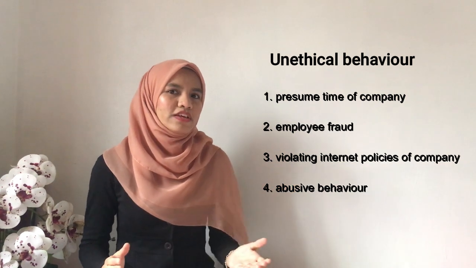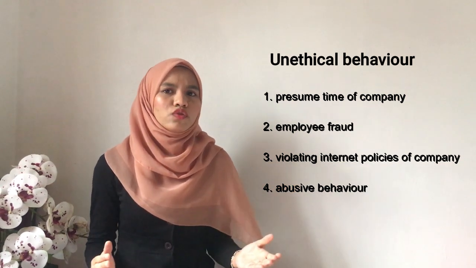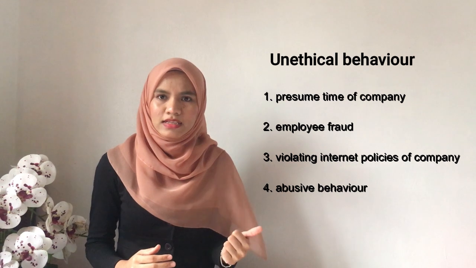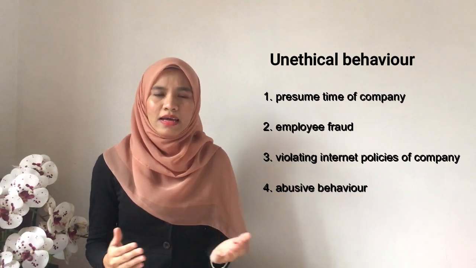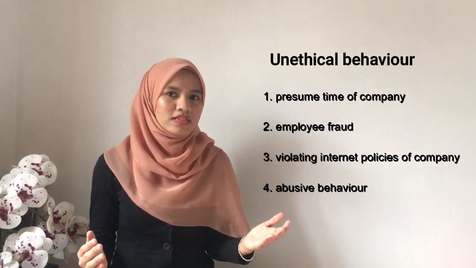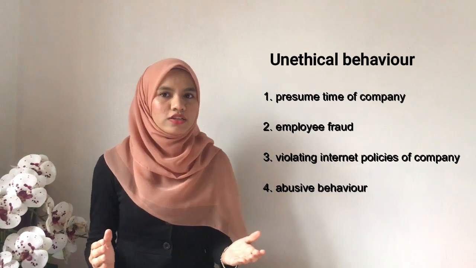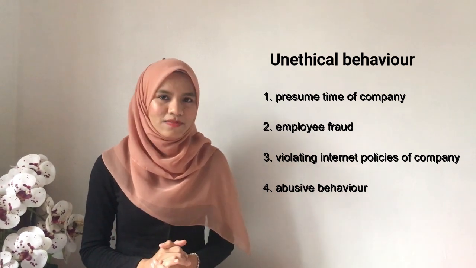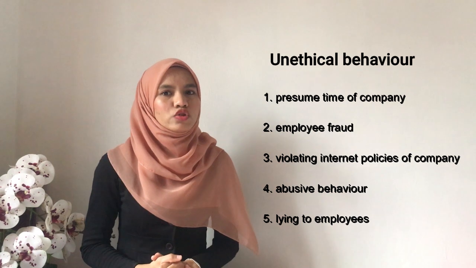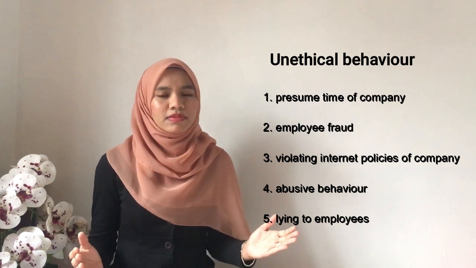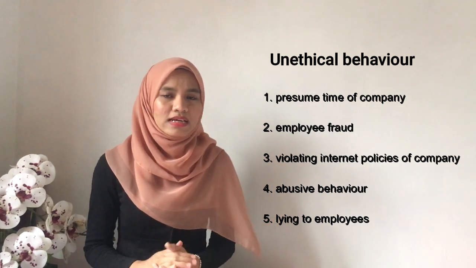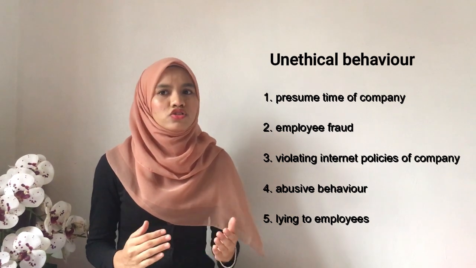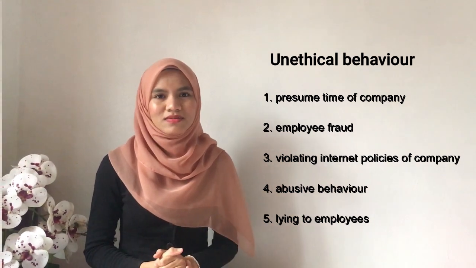Fourth, abusive behavior. This can be an individual's abusive behavior towards clients or colleagues, or it can be shown as a manager using their power and position to mistreat subordinates. And lastly, lying to employees. This unethical behavior can make employees in the company lose their trust in them.